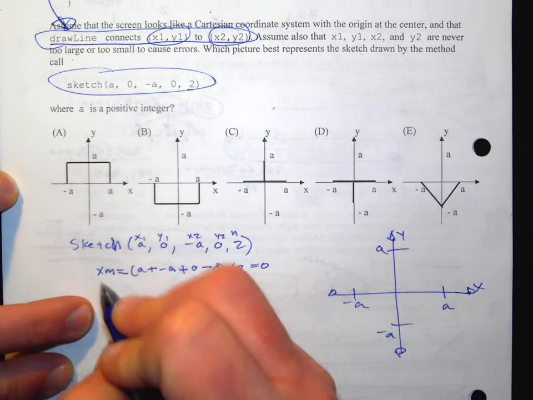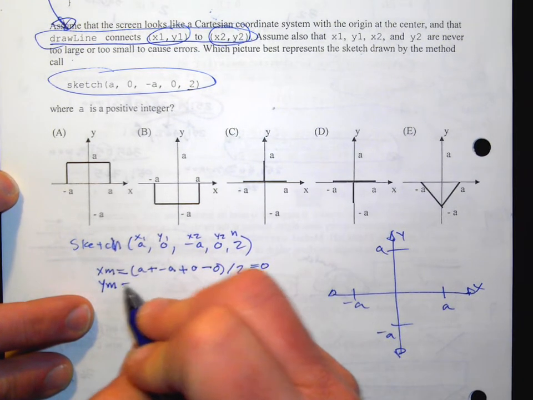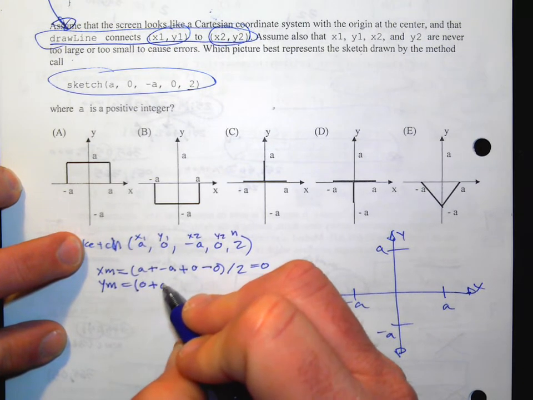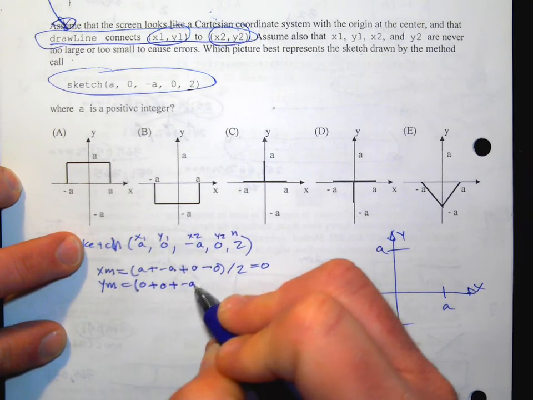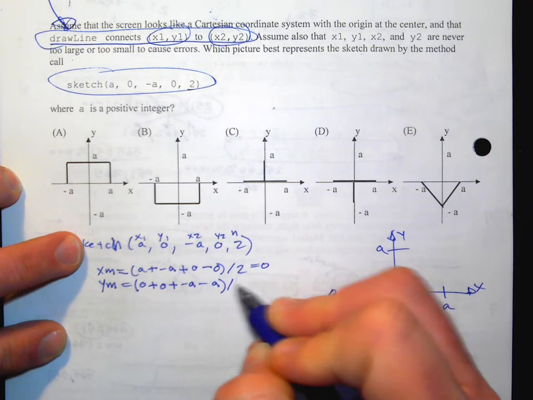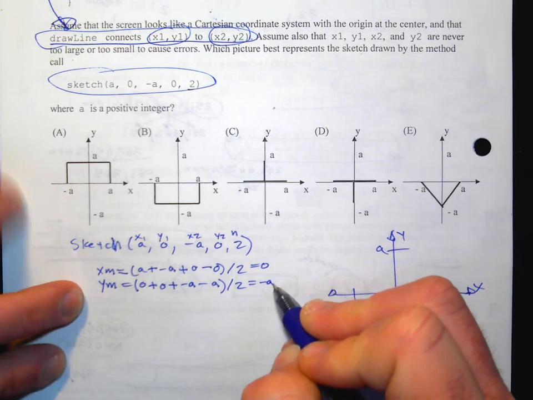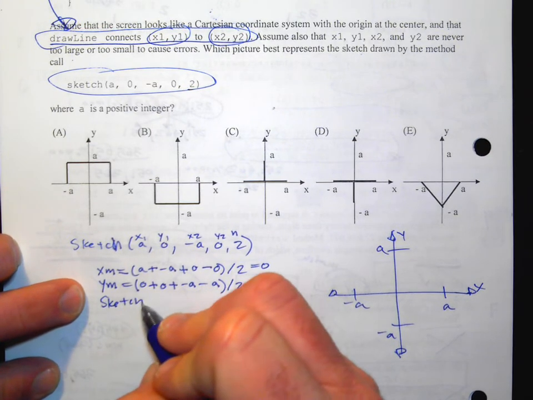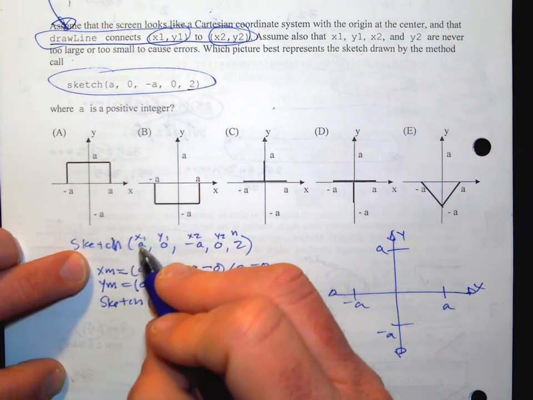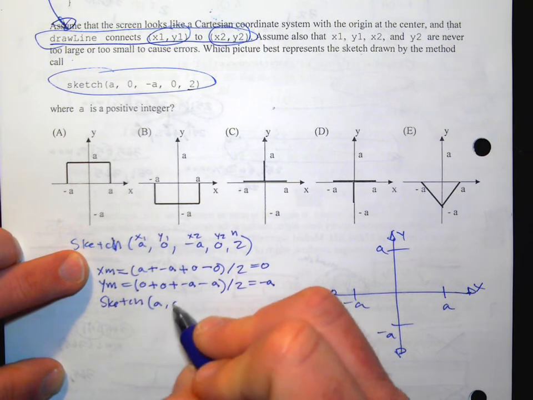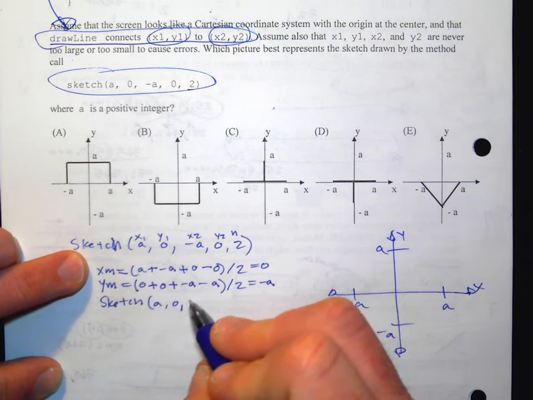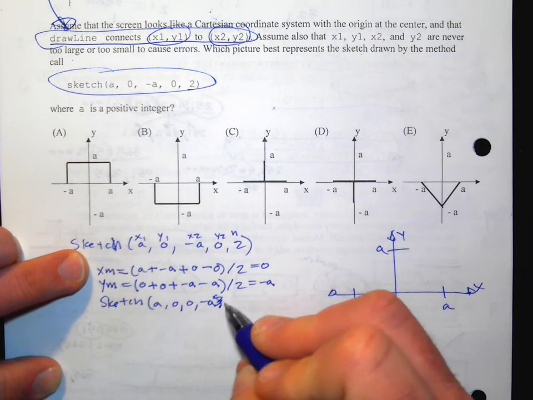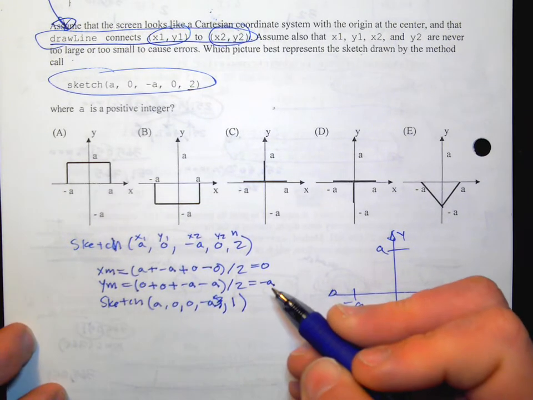And then it has a ym, which equals y1 plus y2 plus x2 minus x1 divided by 2. That's going to be negative A. And then what it does is it calls sketch with the x1 and y1 of the current call, and then it uses these new two numbers, 0 and negative A. And then it decreases n by 1. So this is where we're going towards the base case.